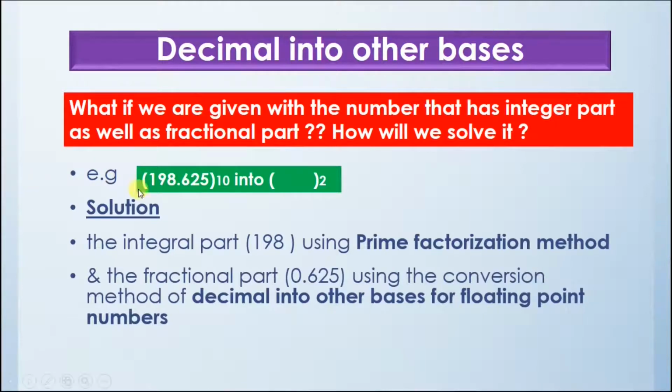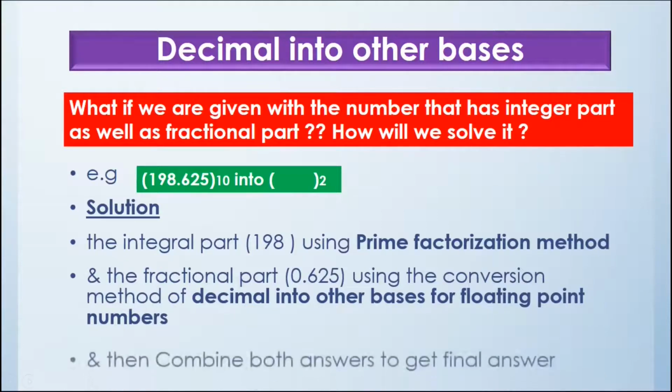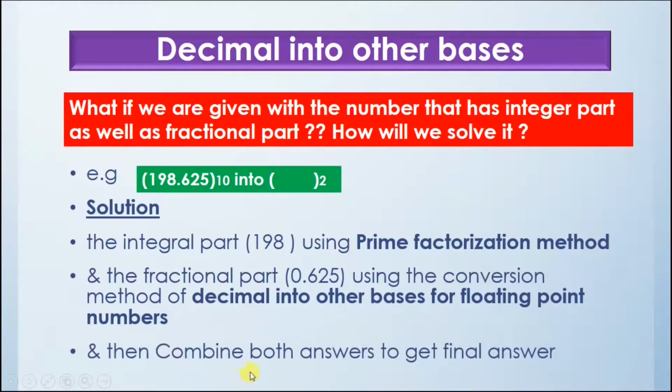So we will solve this part using prime factorization and this part using conversion of decimal into other bases for floating point numbers. Once we calculate the answer from here and from this part, we will combine both the answers to get the final result.